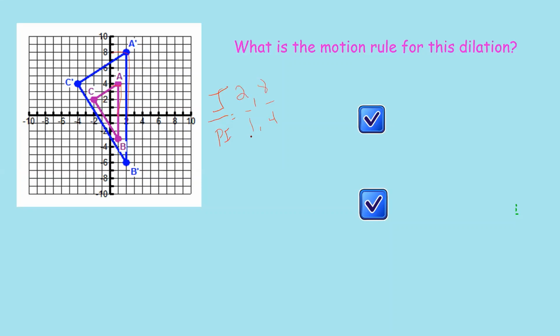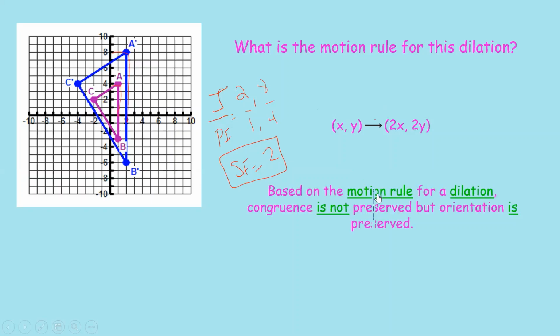So if I divide these two, my scale factor is going to be 2 divided by 1 is 2, and 8 divided by 4 is also 2. So your rule would be 2 times the value of x and 2 times the value of y. Based on the motion rule for the dilation, congruence is not preserved, but orientation is preserved.